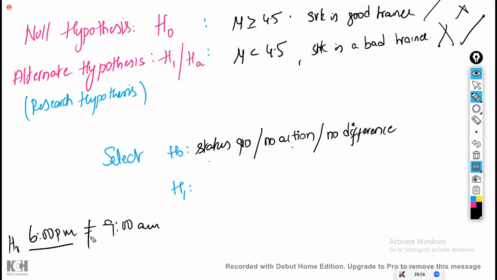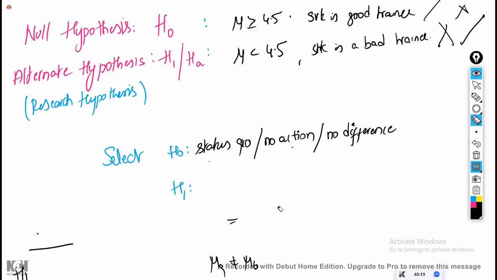Both the students' knowledge is the same. The average marks of the 9 a.m. batch and the 6 p.m. batch are the same. Alternate hypothesis says that there is a difference between them. When we are comparing between two things, we have the word no difference.